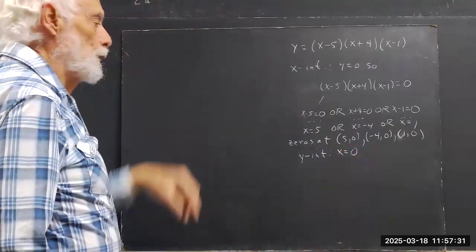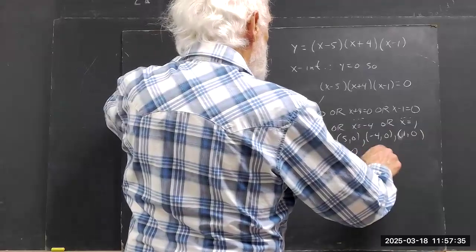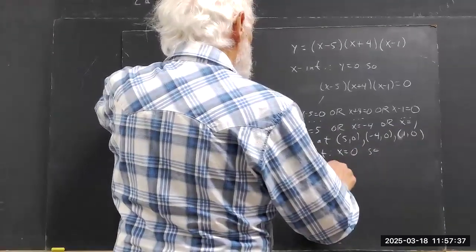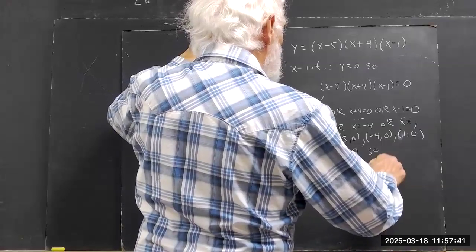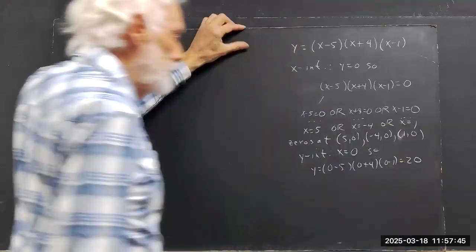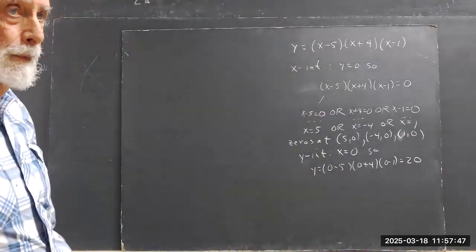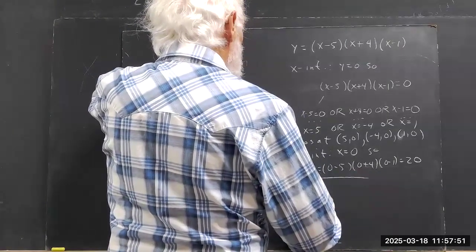The y-intercept occurs when x equals 0. So y equals 0 minus 5 times 0 plus 4 times 0 minus 1, which is 20. So you do the end behavior.